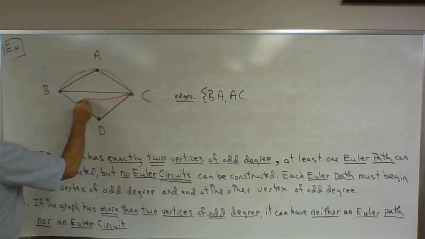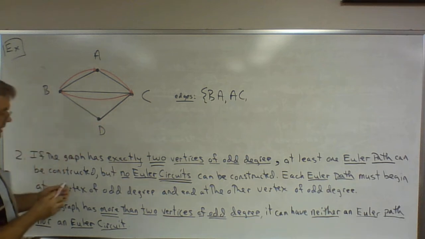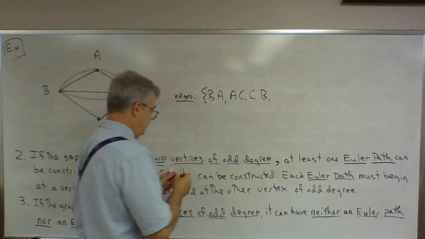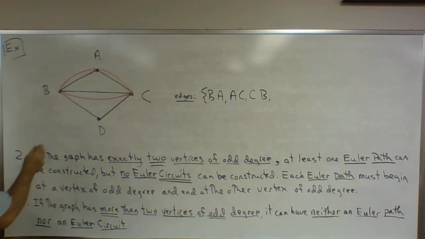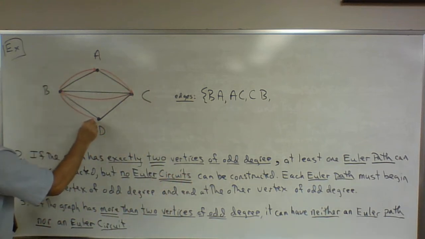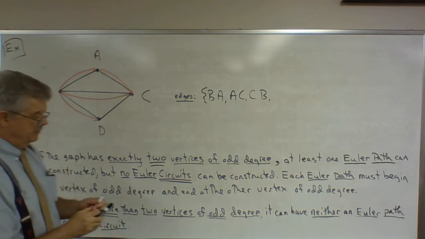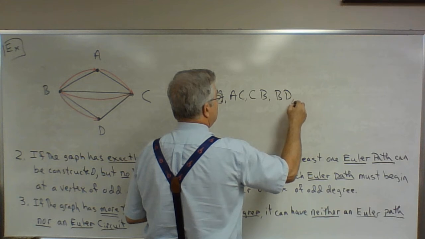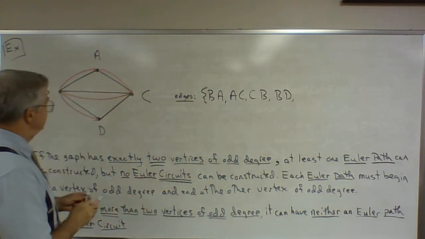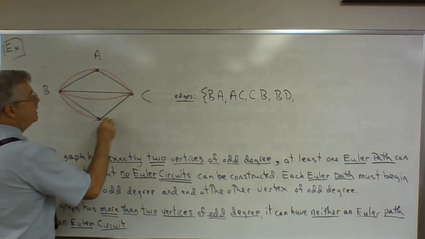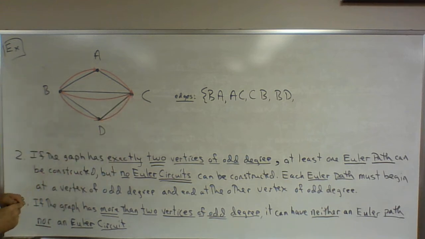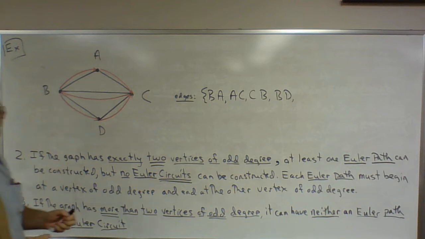Maybe I'll go this way. So I just covered that edge. I go from C to B. And then I'll go from B to D. And from D, I'll go to C. And I've covered every path exactly once.